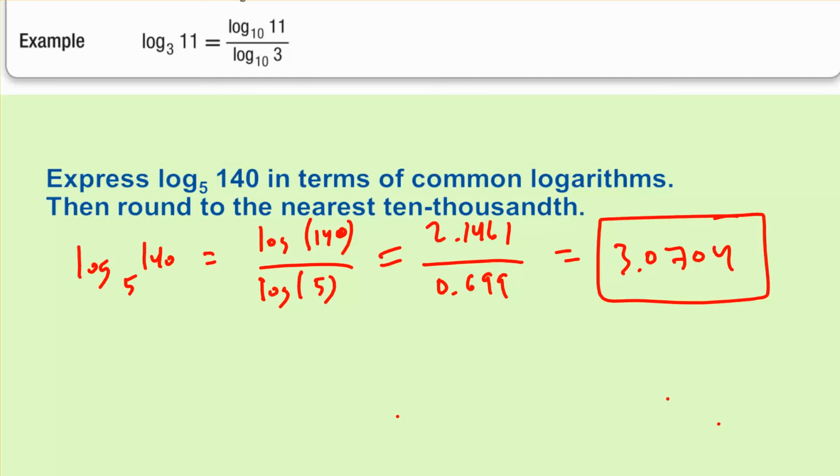Okay, so what we did here is we expressed log base 5 of 140 in terms of common logarithms. We take log of 140 divided by log of 5, and you just go to town here.